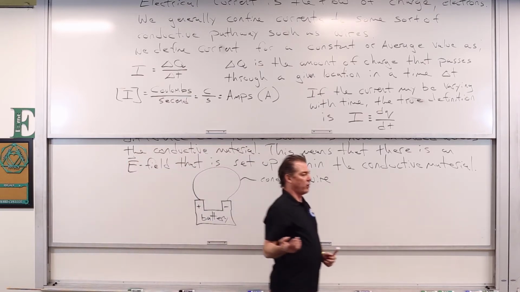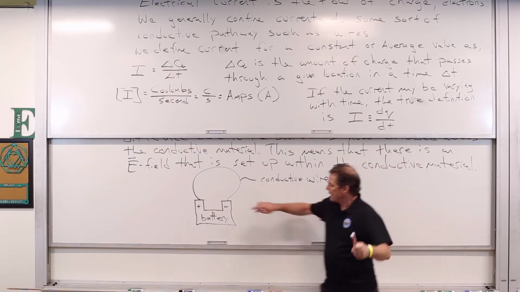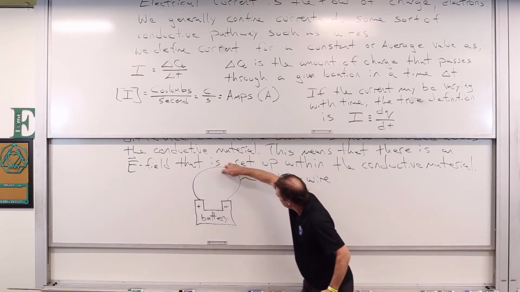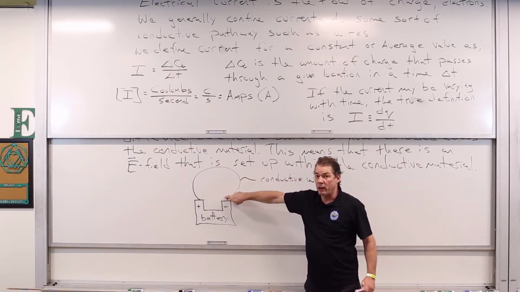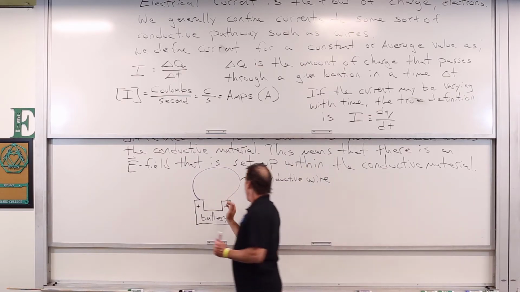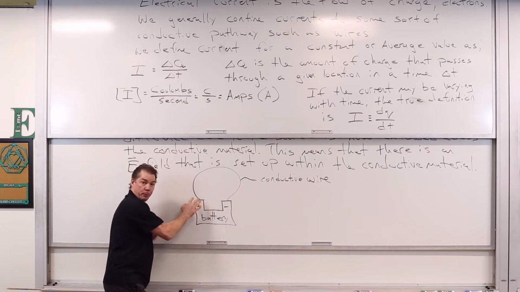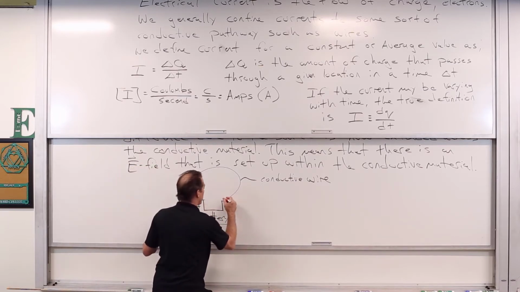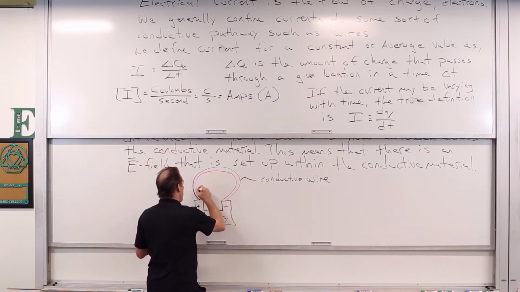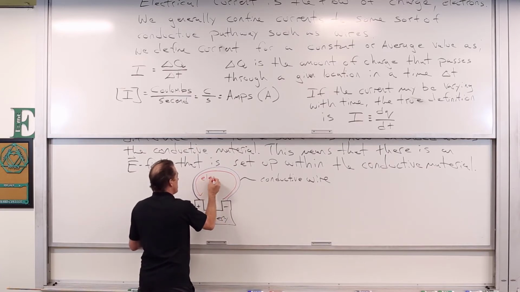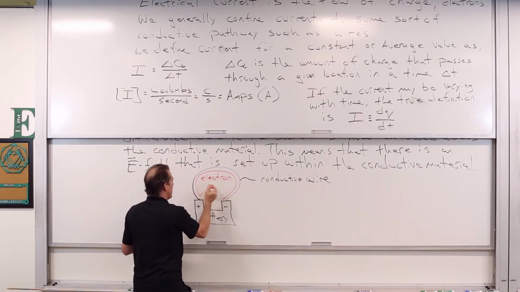The current is due to the electrons that are already there in the conductive material. So which way are electrons going to want to go? Well, the electric field is going to go from plus to minus. Electrons want to go in the opposite direction of the electric field. They are repelled by this minus and attracted to this plus. So the electrons want to go around this way.